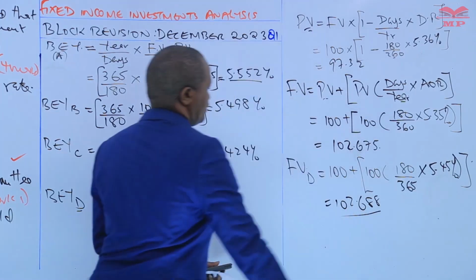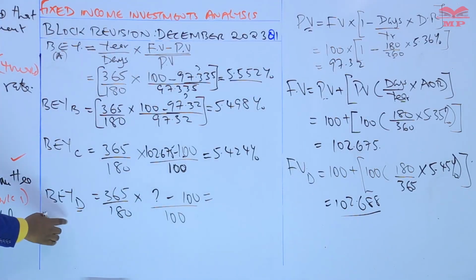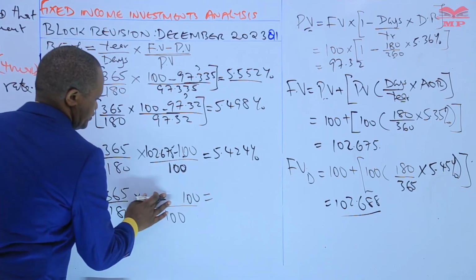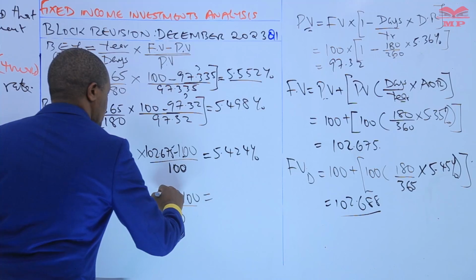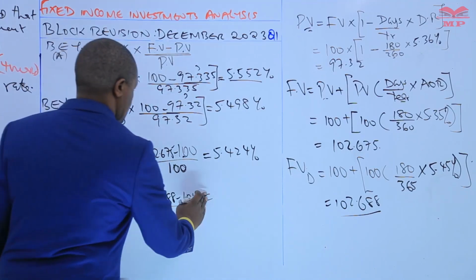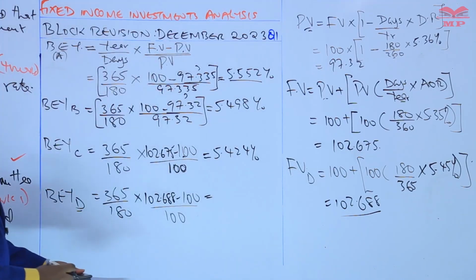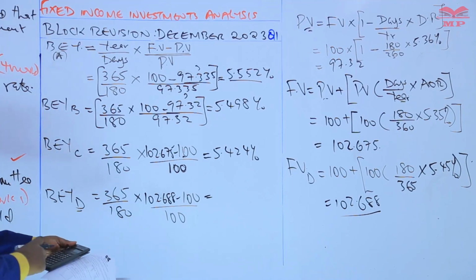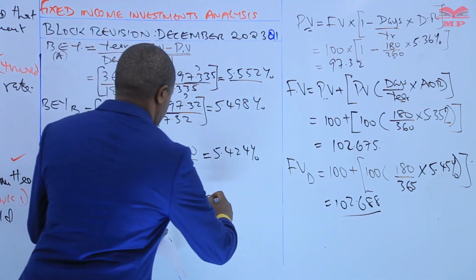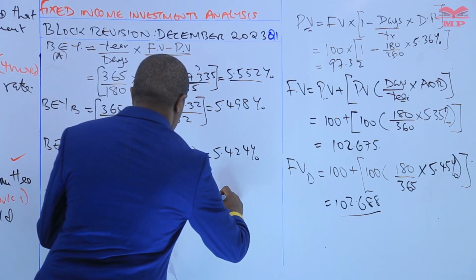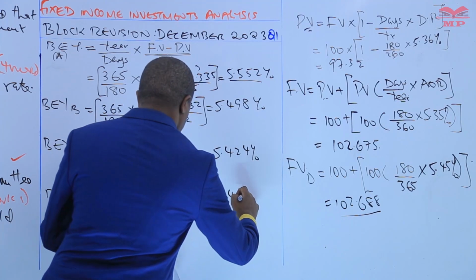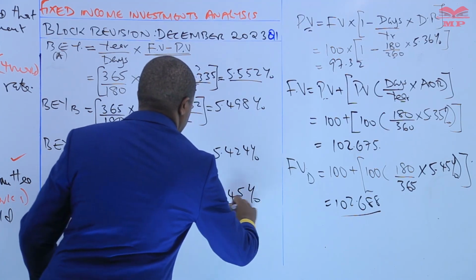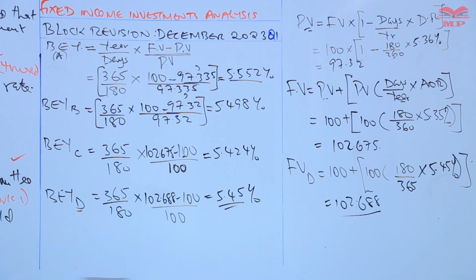That is the future value of instrument D. That will be equal to 5.45%. That is the bond equivalent yield, instrument D.